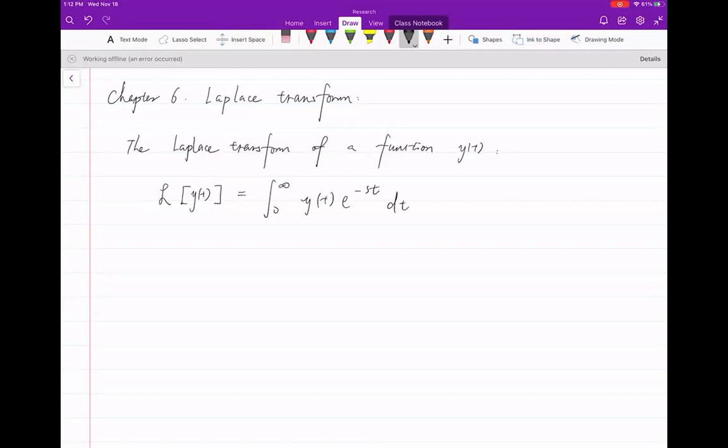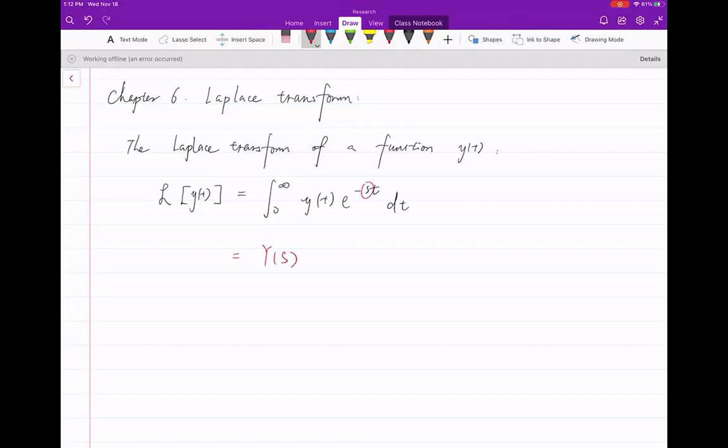Notice, you are taking the integration with respect to the variable t. So when you finish, all the t will be gone. You have a starting and ending point. So finally, what you end up with is a function of this s here. You put in a different s, you receive a different number.